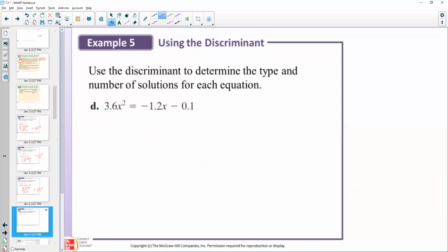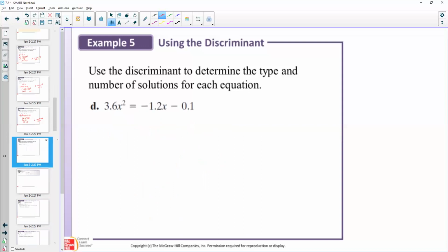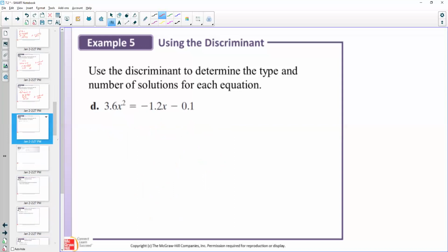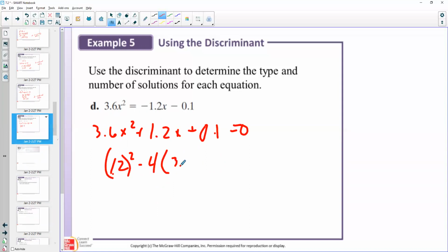And then this one we can calculate through. It's fine. We're going to move everything over. 3.6x squared plus 1.2x plus 0.1 equals 0. 1.2 squared minus 4 times 3.6 times 0.1.